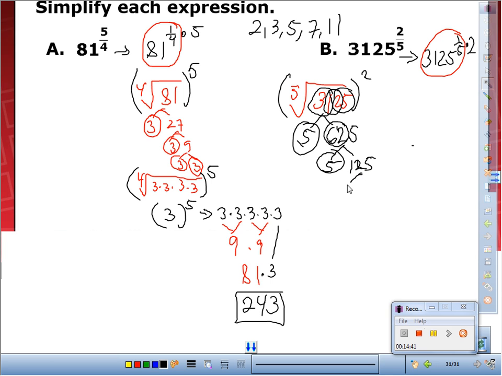From there, 5 fits into that how many times? 25, and the 25 becomes 5 times 5. So we rewrite this. This becomes fifth root of 5 times 5 times 5 times 5 times 5, and all that to the what power? Second, yes?